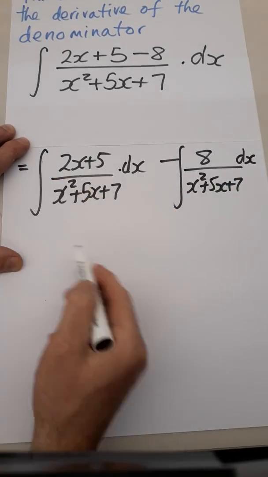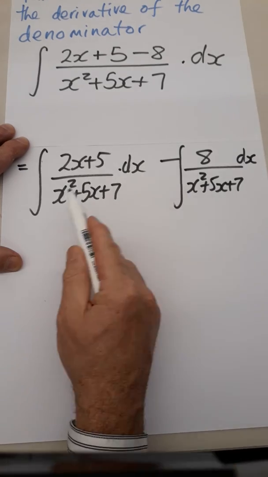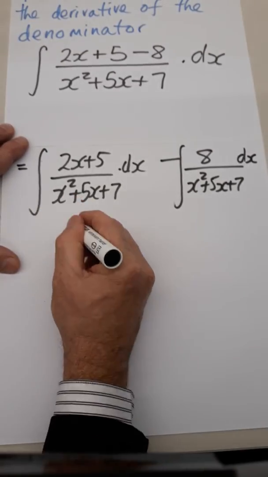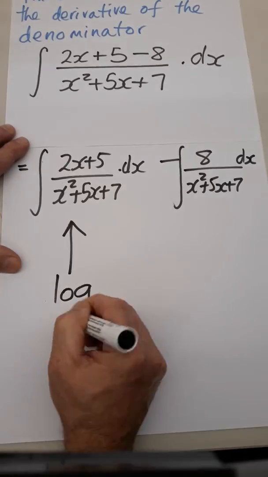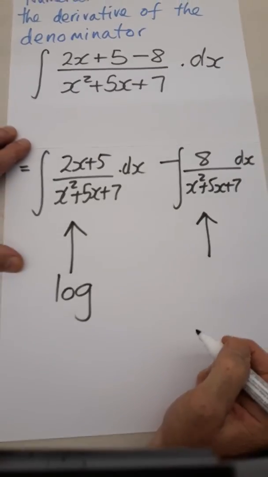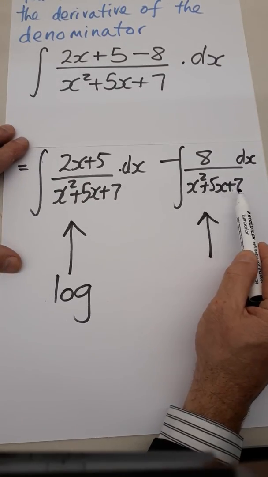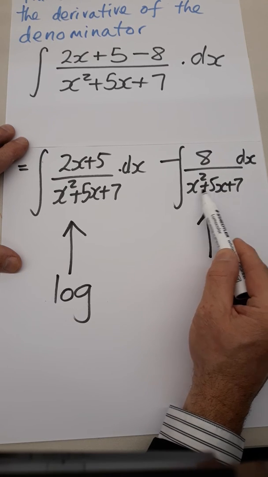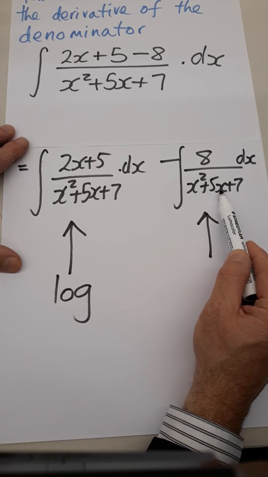So now we've got two different types happening, don't we? And we're going to have to do a bit of work here. But this one is going to eventuate in a log. This one is going to be one of the ones we talked about where it's not a perfect square and I can't factorise it.